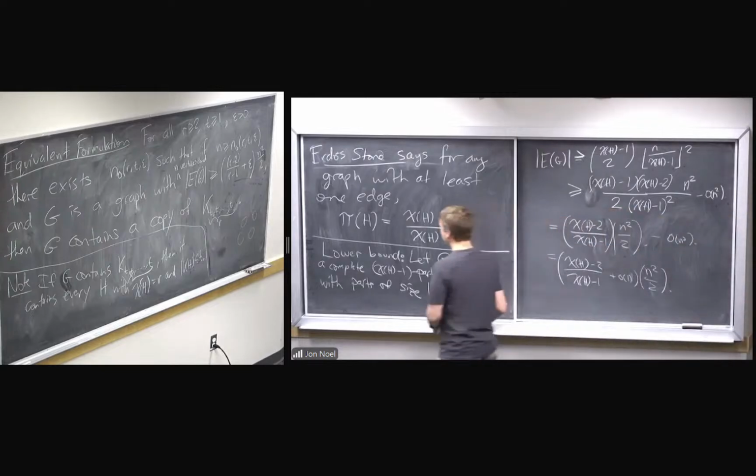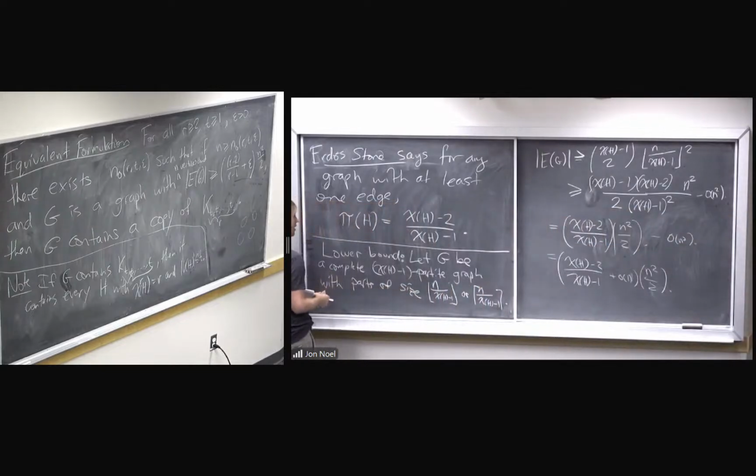But a crucial idea here is that we're going to just throw away most of the graph G. We're going to be left with a small subgraph, but we want that small subgraph to have large minimum degree. So I want everything in that subgraph to have high minimum degree.